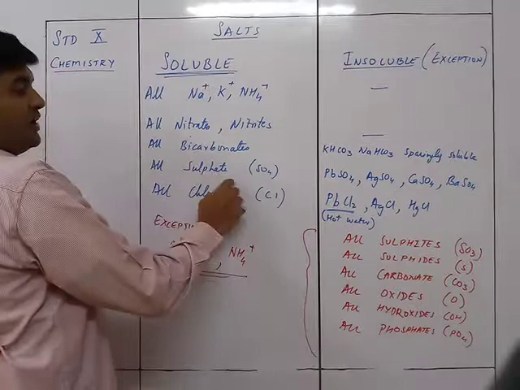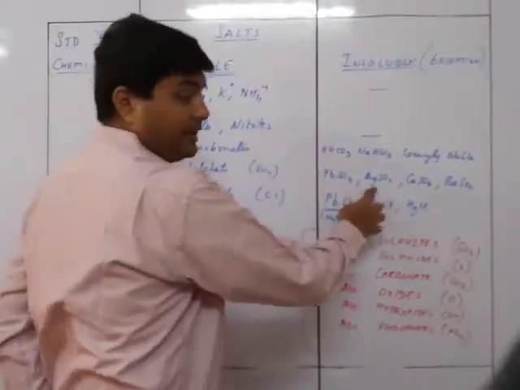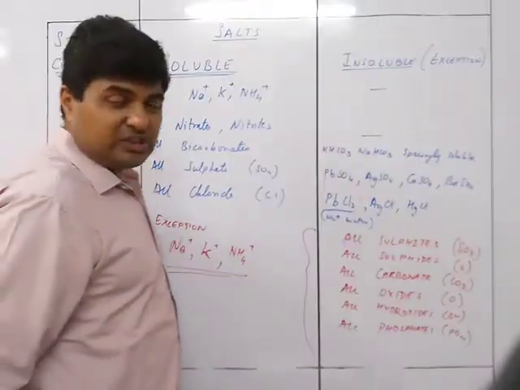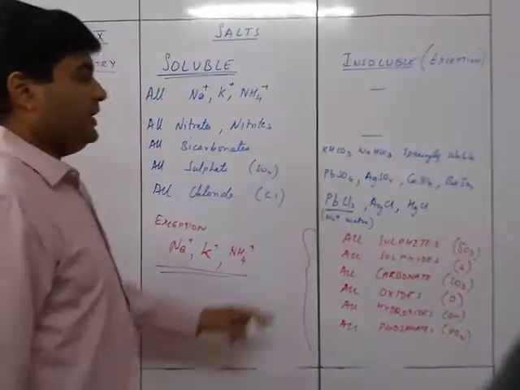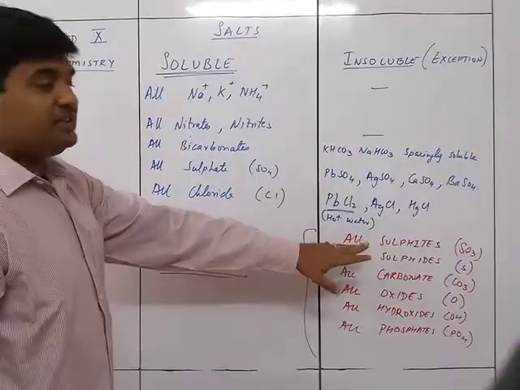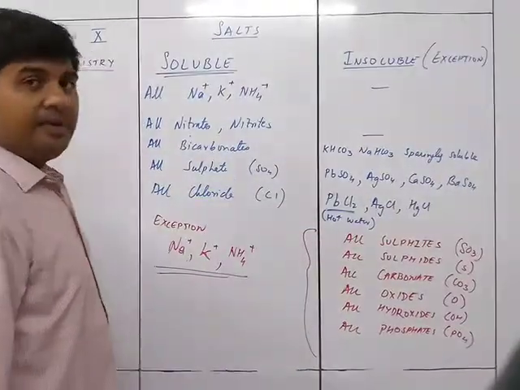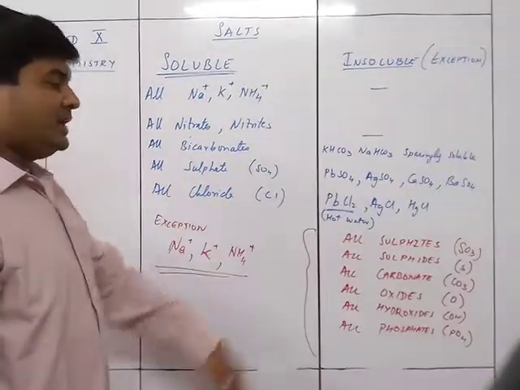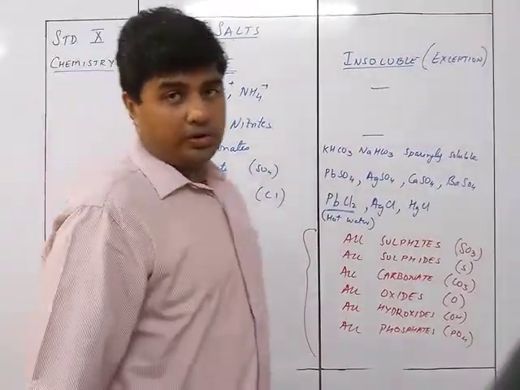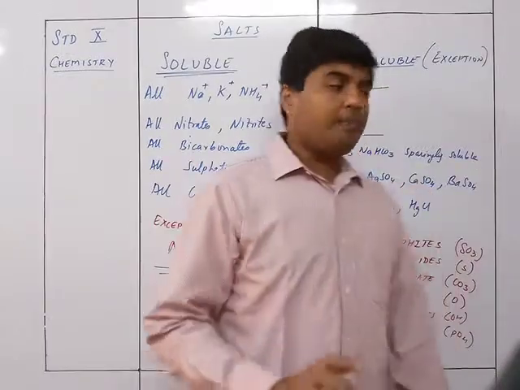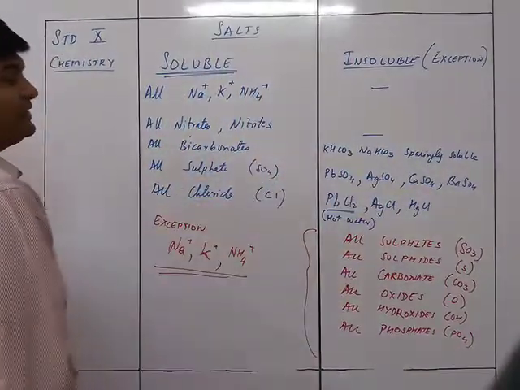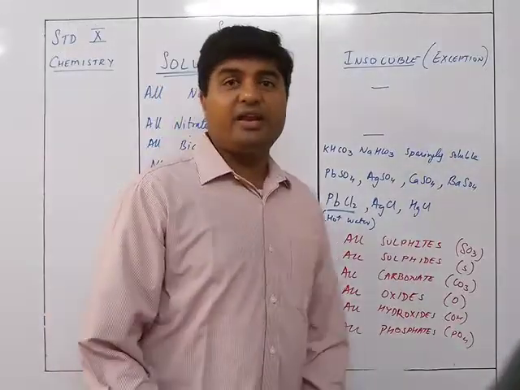The exception for sulfates will be PbAgCaBa, which will be insoluble. PbCl2, AgCl and HgCl will be insoluble, but PbCl2 is soluble in hot water. So this particular table what I have made over here is very important.